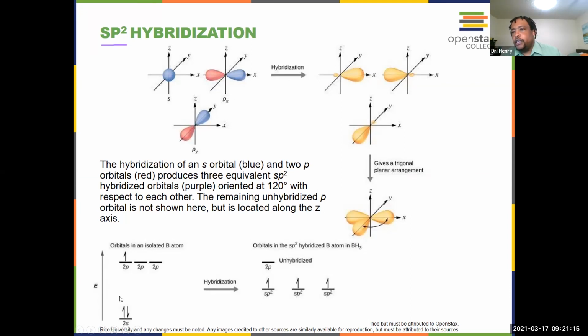So in this case, we're gonna take 1 S orbital and then 2P orbitals. So we're gonna take this guy and this guy, okay? And we're gonna take all these guys together and we're gonna blend them. And then we're gonna end up with 3 SP2 orbitals.